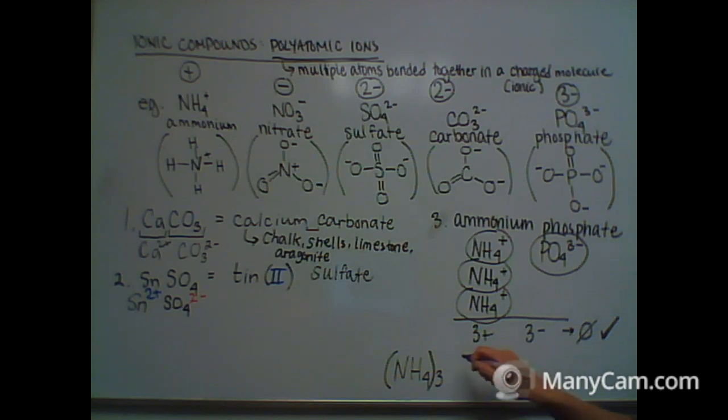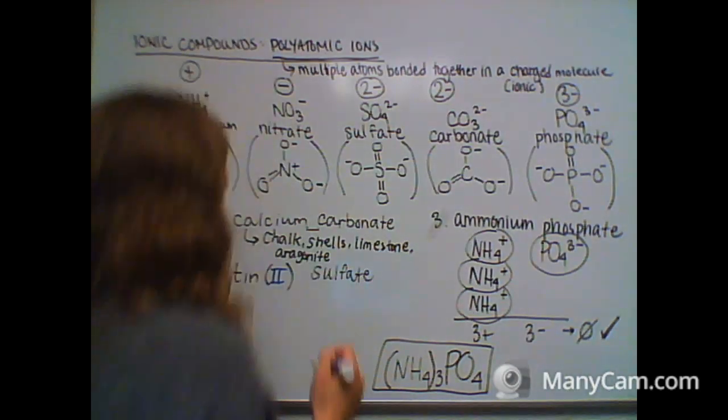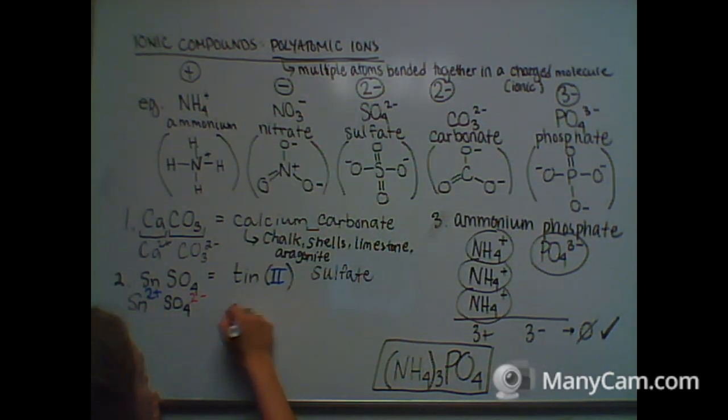All right, so then there is 1 phosphate, PO4. This is the chemical formula for ammonium phosphate. And let's make sure that we write that rule over here. Use parentheses.